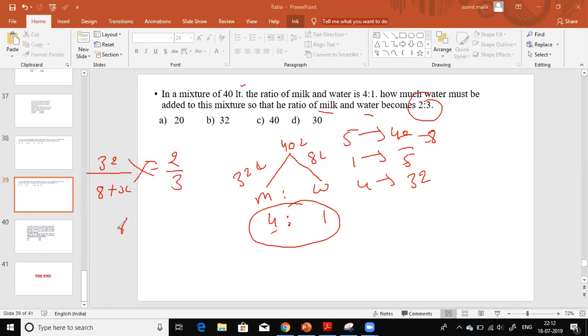What will it be? 96 is equal to 16 plus 2x. 80 is equal to 2x. X is equal to 80 divided by 2, that is equal to 40. How much water must be added? 40 liter water must be added.